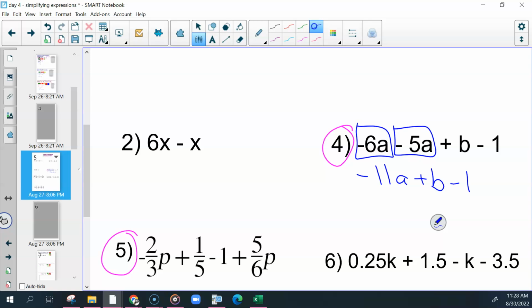Do we have any other like terms? We have an A, we have a B, we have a constant that doesn't have anything. So this would be our final answer. It cannot be simplified any more than that. Do you have any questions on that?